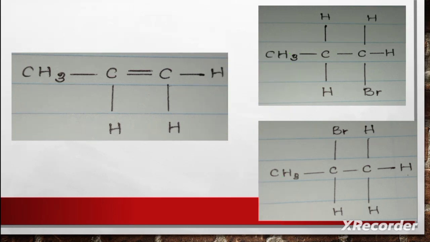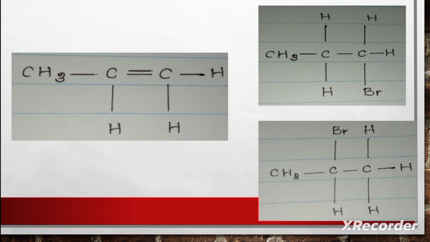Using the anti-Markovnikov's rule, remember that HBr is the only hydrogen halide accepting the anti-Markovnikov's rule. It only undergoes the anti-Markovnikov's rule. Hydrogen iodide and hydrogen chloride, these two don't accept the anti-Markovnikov's rule, right?